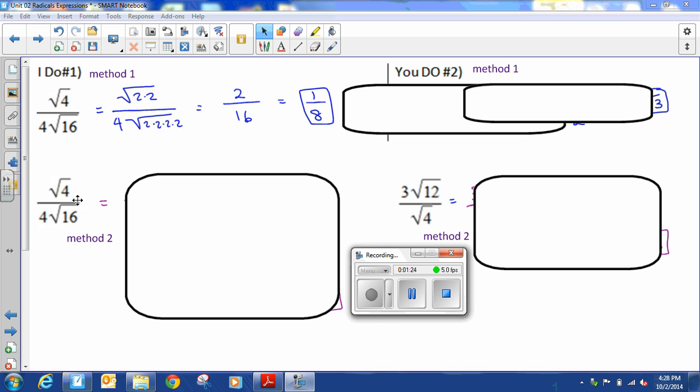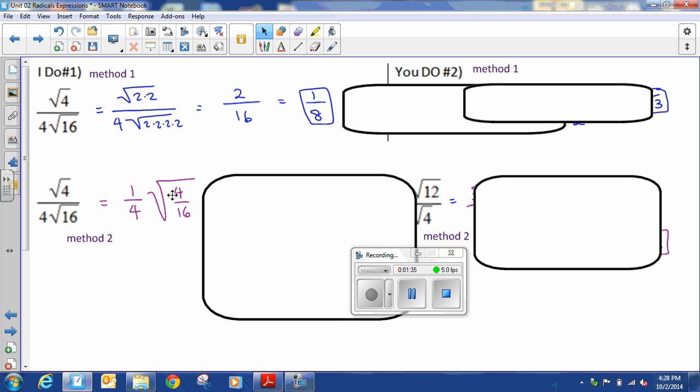Now here's the other method. If we take radical 4 and radical 16 and put them under the same radical symbol, a tall, thin radical symbol, we end up with radical 4 over 16. I hope it's okay that we took the 1/4 out. There's an invisible 1 here, I remind you.